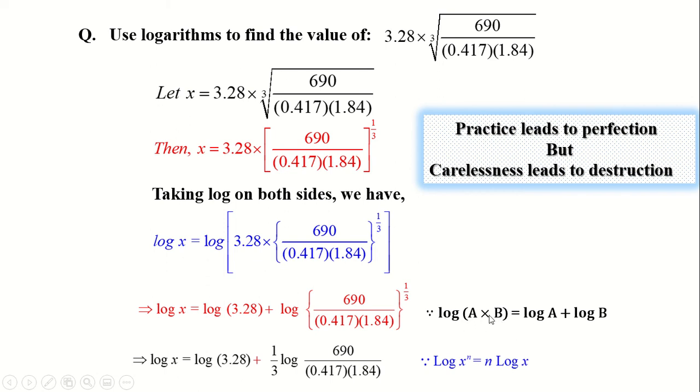In single logarithm, two quantities are multiplied, but in separate logs, they are being added. Following this law, we noted this step, and then following this law, exponent is written before the log, afterwards the given argument. Next, this is the same step as we considered.